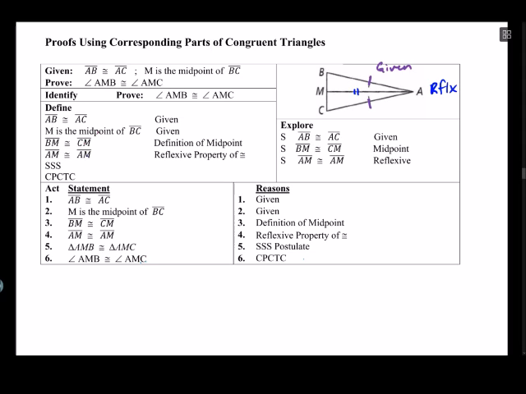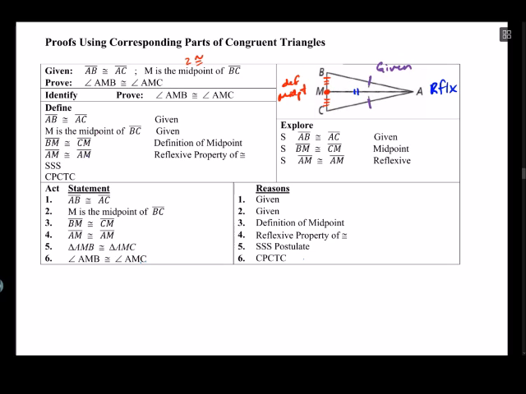And what else do we know? Ooh, M is the midpoint. Midpoint means we're going to have two congruent parts. Midpoint of segment BC.